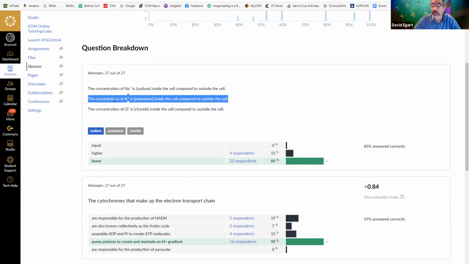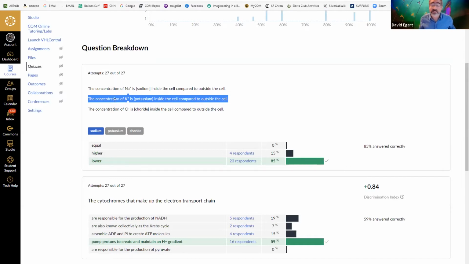Potassium, on the other hand, is going to be much more concentrated inside the cell. Again, 30 times as high a concentration inside as outside, because you're pumping potassium in constantly. So when you open up the potassium channels, potassium wants to leave due to its diffusion gradient, which creates a negative membrane potential, which is what we find in the resting potential, because a cell is mainly permeable to potassium.